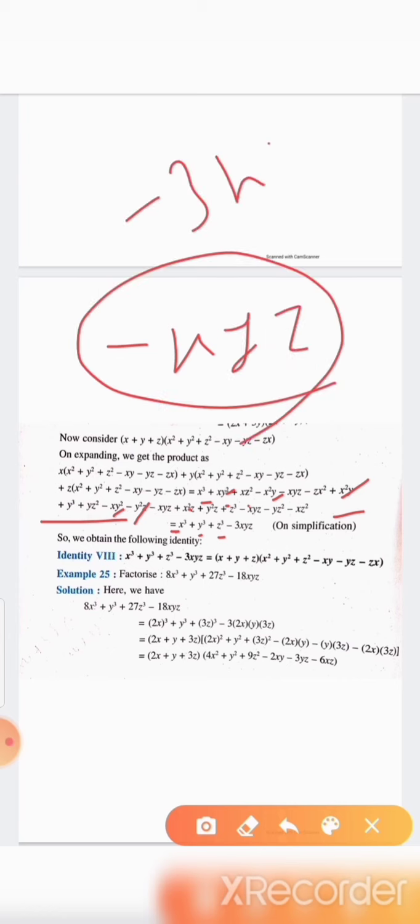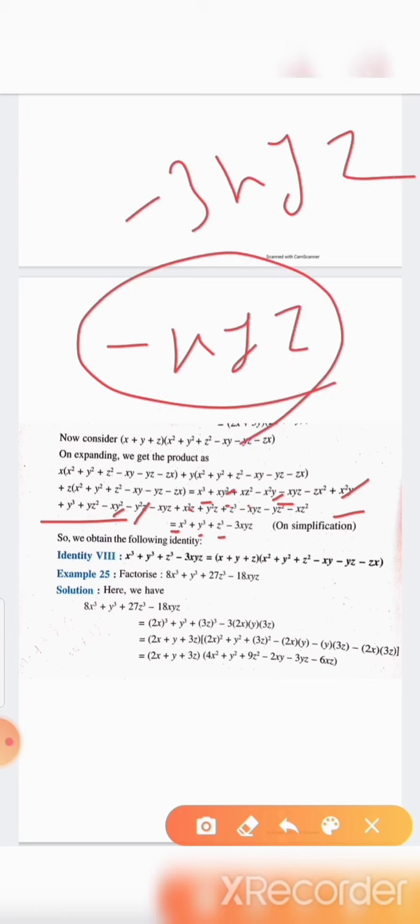And then by addition and subtraction, here x square y cancels with the term x square y, xy square again cancels, plus and minus. All the plus-minus terms should be cancelled, and lastly we get x cube, y cube, z cube, and xyz comes 3 times, so we write minus 3xyz.